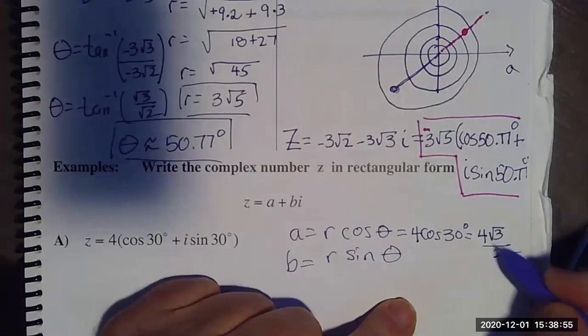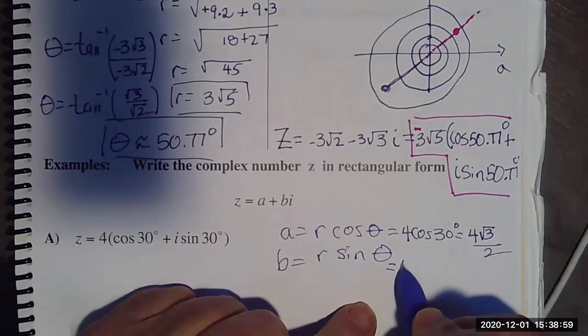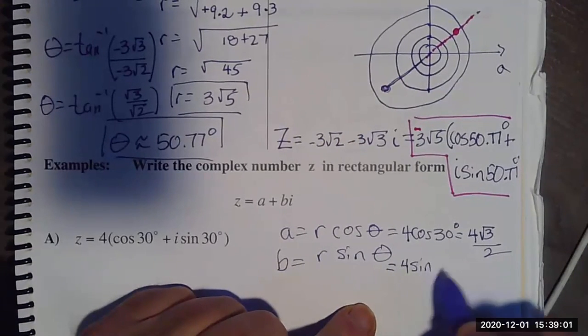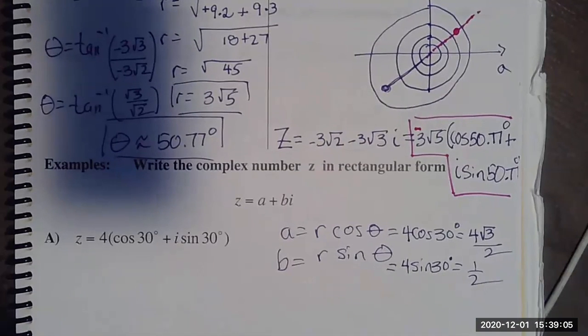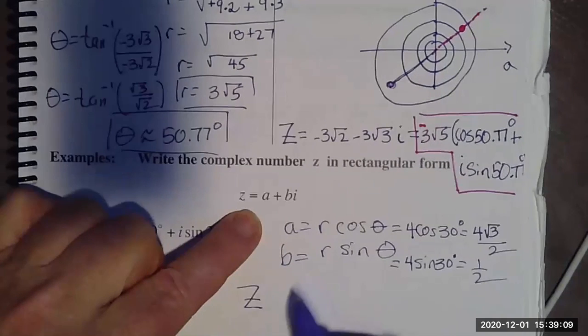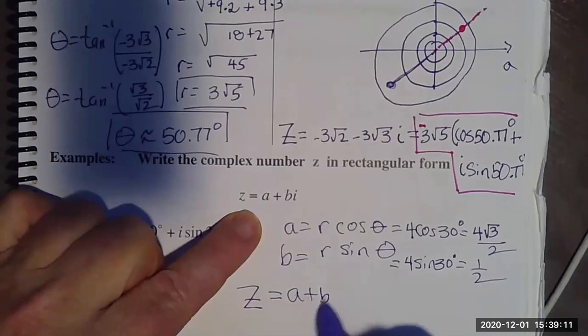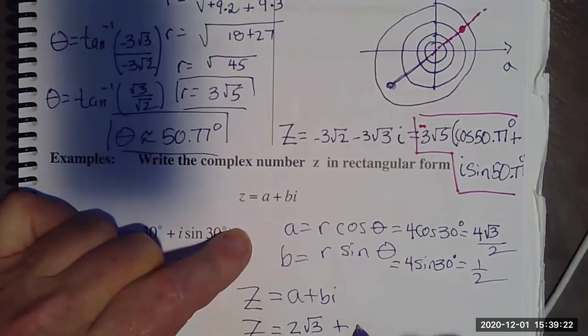And then the 4 and the 2 will reduce. And so this one here, it would be 4 sine of 30 degrees, which is 1/2. So in this form, A is 2 root 3 plus, and then B is a half.